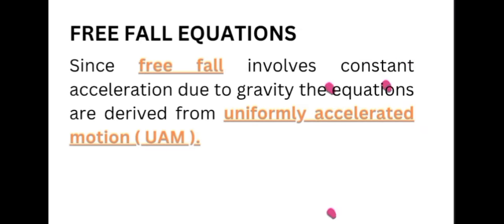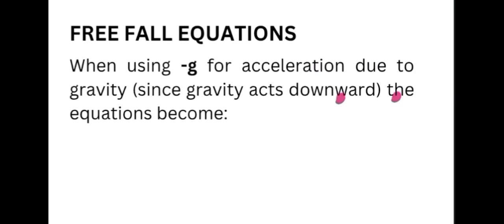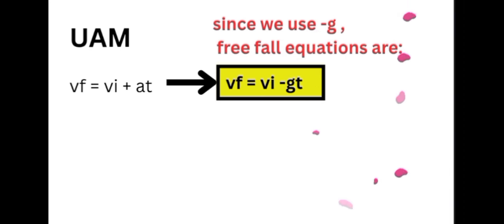Now moving on, what are the equations involving free fall? Now since free fall involves constant acceleration due to gravity, the equations are derived from uniformly accelerated motion, or the UAM. When using g for the acceleration due to gravity, since it's acted downward, the equations will change from UAM to free fall.